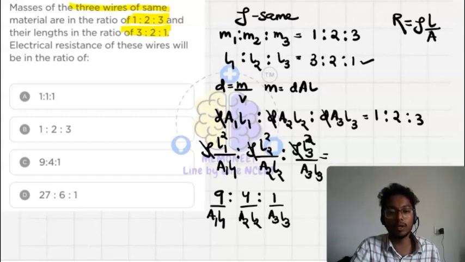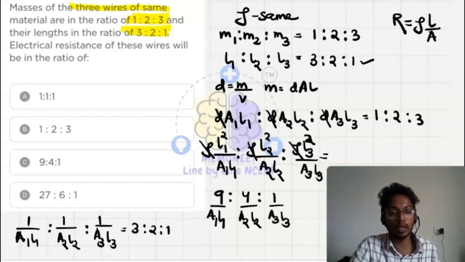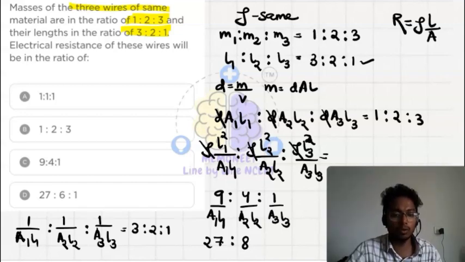Okay, so if you take the reciprocal here, it will be 1 upon A1 L1 is to 1 upon A2 L2 is to 1 upon A3 L3, equal to 3 is to 2 is to 1. So what can I write? 9 into 3 is 27, is to 4 into 2 is 8. Sorry, it is not coming to 8, I think. What mistake have I made? Let's find out.